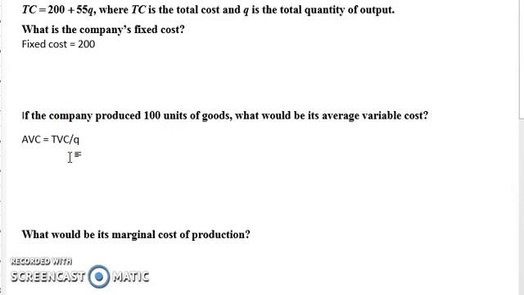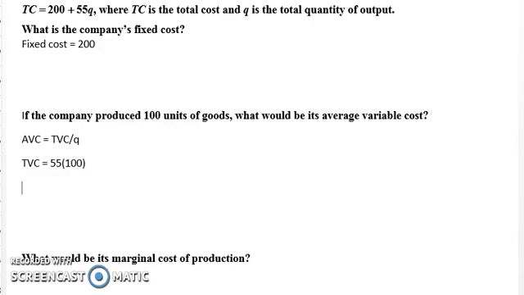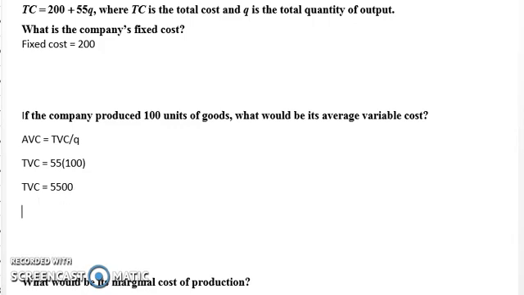So let's have a look. Total variable cost for this example will then be 55 multiplied by 100. So total variable cost is 5500. And to get the average, we divide that by the quantity.